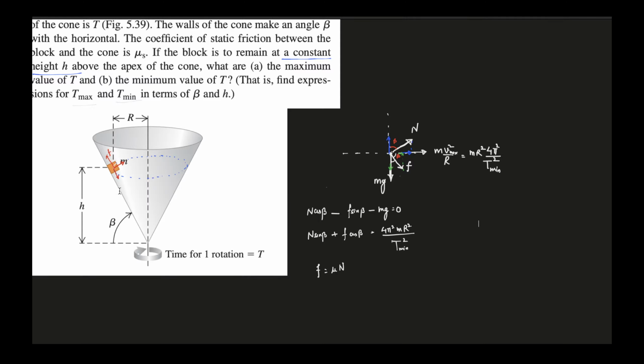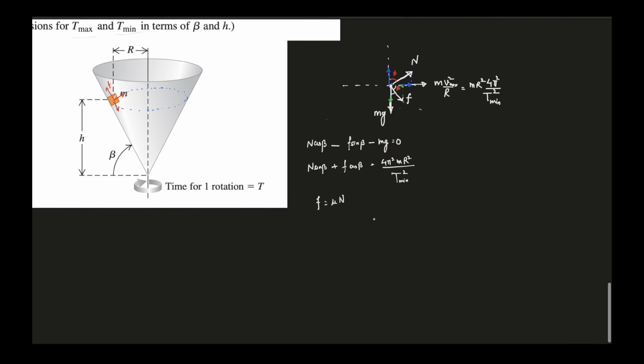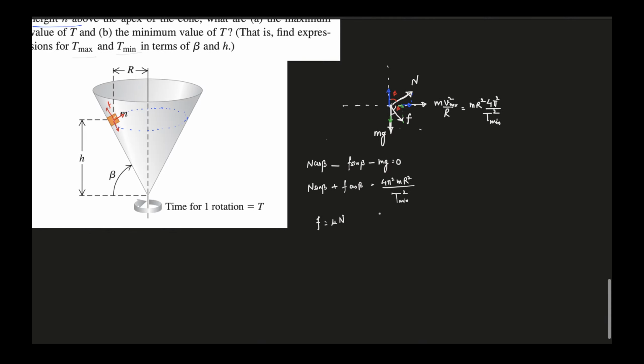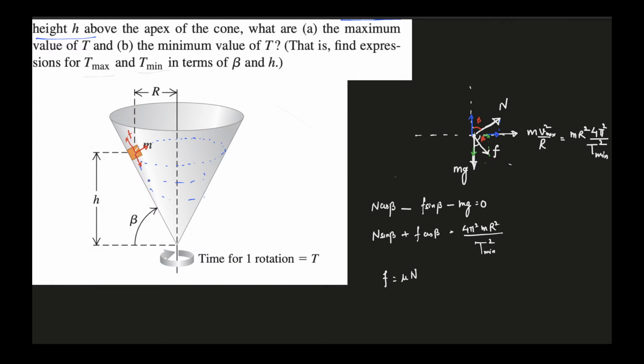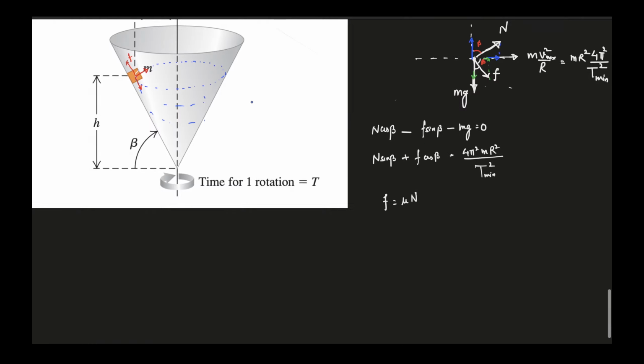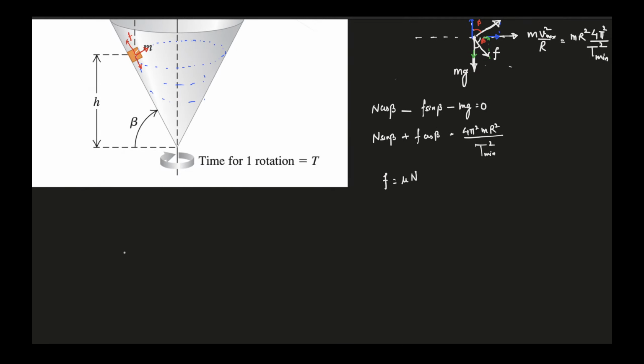While you have another set of formulae when it will slow down. So if it slows down, then it will start spiraling downward like this. It will go down. If it's spiraling down, in that case friction will work in the upward direction. So that case we will look into now.